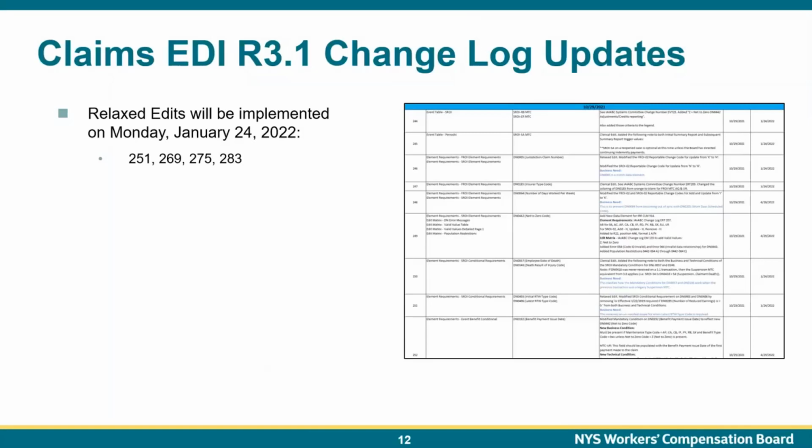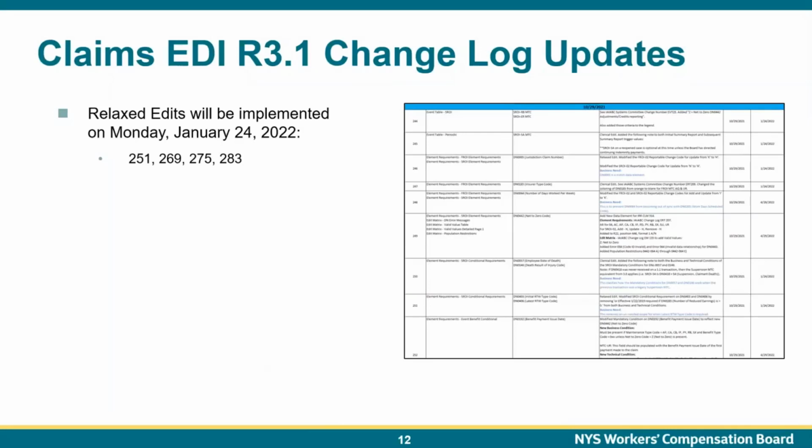We removed part of the requirement which stated, or effective 1/22/2019, required if number of reduced earnings is greater than 0. We removed that requirement as it was determined to be an unnecessary business condition.